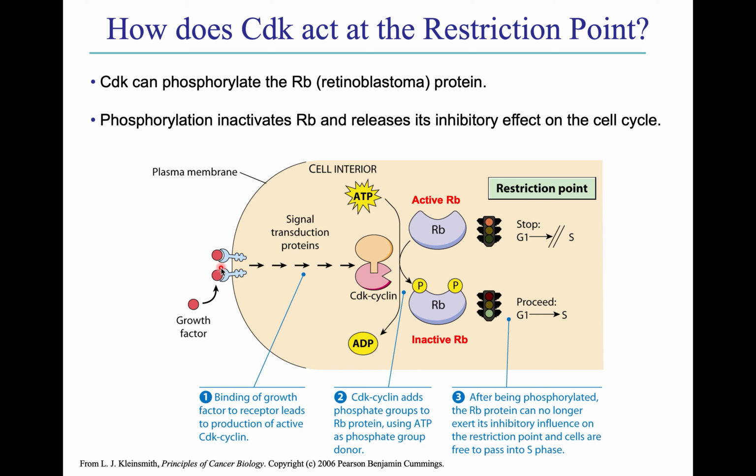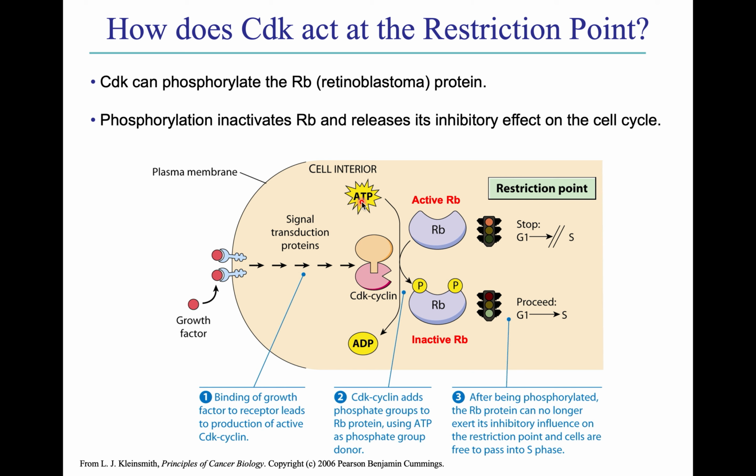If we have this growth factor showing up, binding to a receptor on the cell surface, telling the cell to do that, this signal transduction pathway will lead to the activation and production of cyclin CDK, which will then phosphorylate that retinoblastoma protein, right?